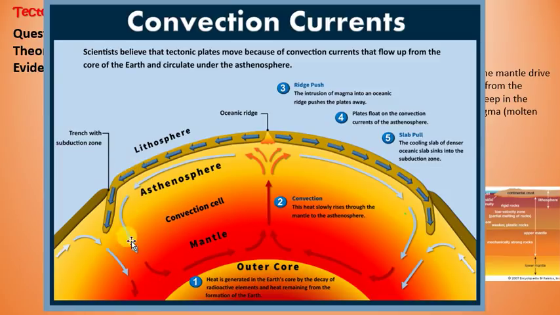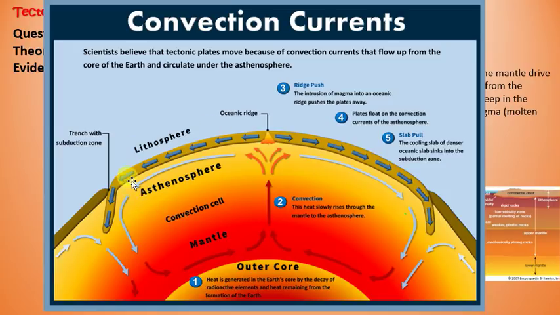Now you've got a driving force, convection currents underneath this asthenosphere, and they're going to be in a cell. That force is going to have an effect on what sits on top, so the lithosphere, the plates and the crust are also going to have a force causing them to move.